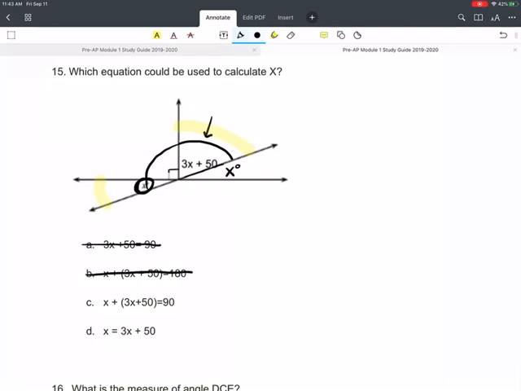And then if I think about that right angle from the perpendicular lines, the other side would also be a right angle. So if I read C again, it says the x angle plus the 3x plus 50 equals 90 degrees. So that one would be my correct equation, and it is complementary.